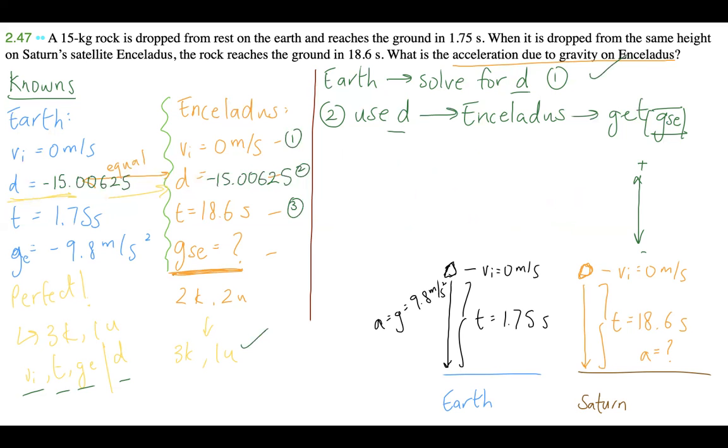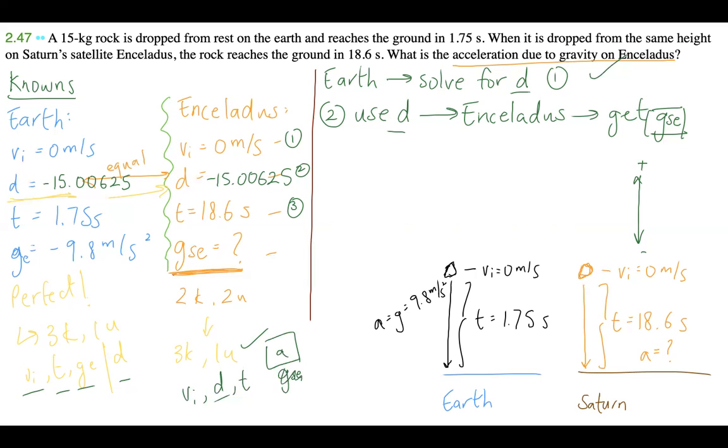And how are we going to do that? Well, what knowns do we have? We have VI, we have D, and we have T. And we want to find out what GSE is, or like what A is, right? So again, we're going to use the same equation, but this time we're isolating for A instead of solving for D.